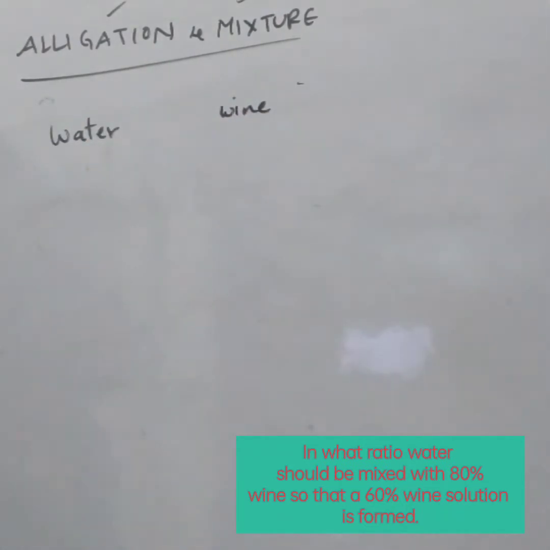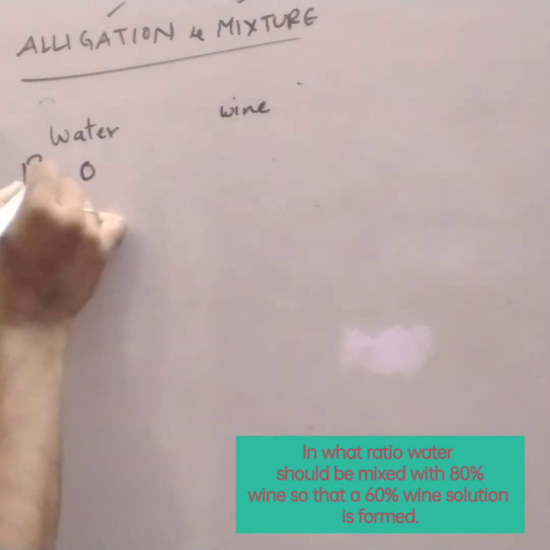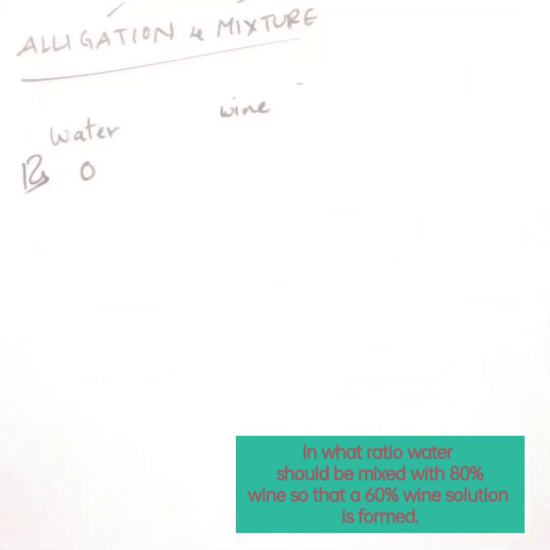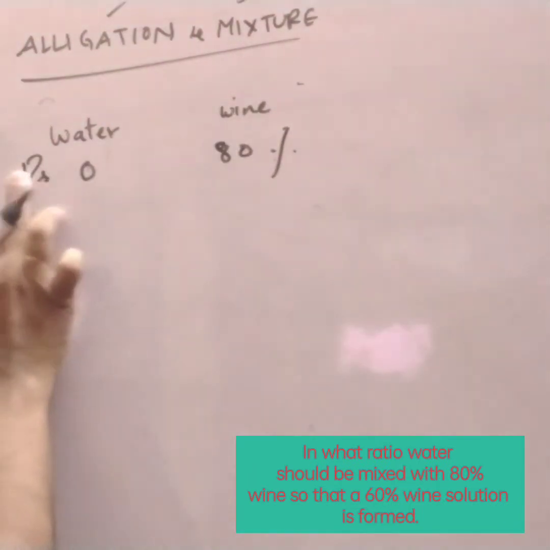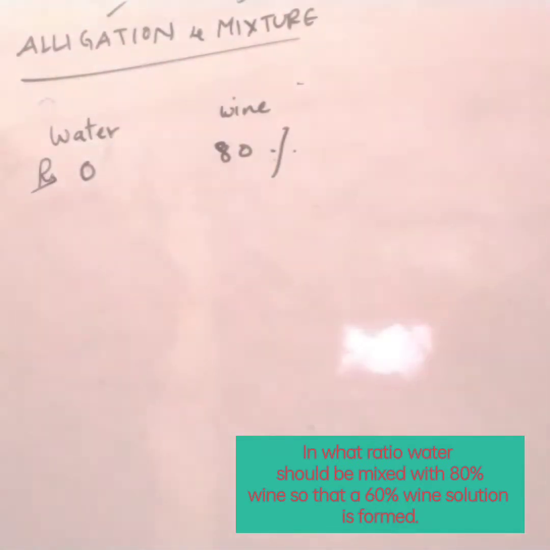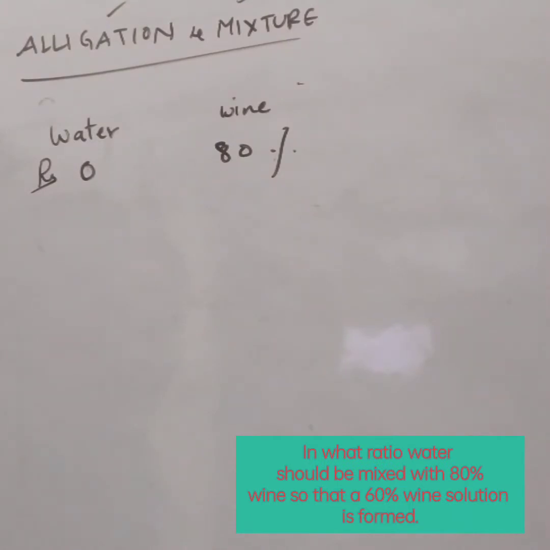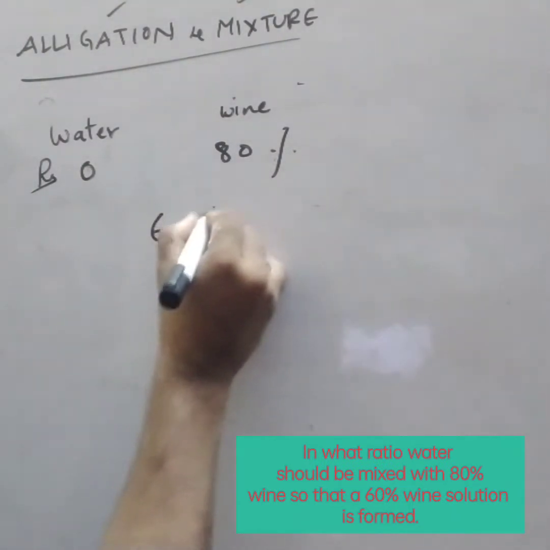So the cost of water we are taking as 0 per liter, whereas wine is 80%. So in what ratio must water be mixed with 80% wine so that a wine solution of 60% is formed.